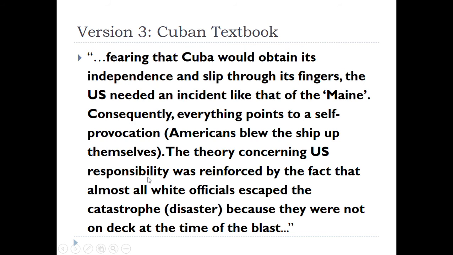The theory concerning U.S. responsibility was reinforced by the fact that almost all white officials escaped the catastrophe because they were not on deck at the time of the blast. So, interesting, the Filipinos and the Cubans agree. They both believe the United States blew up its own ship so it would have an excuse to go to war and claim the territories it was really after.